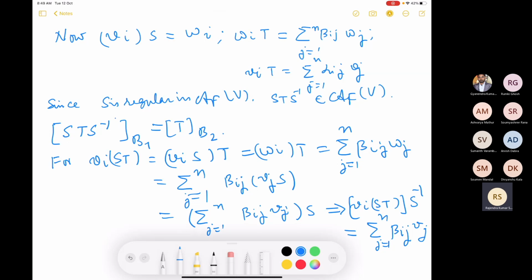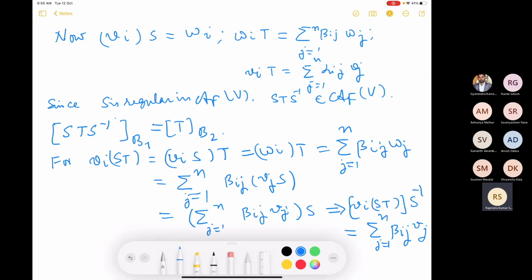So V_i under S T S inverse is the sum of beta_ij V_j. Now you can see that the composition of these linear transformations is associative.